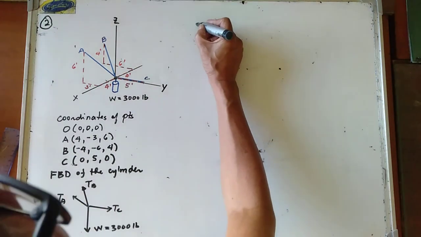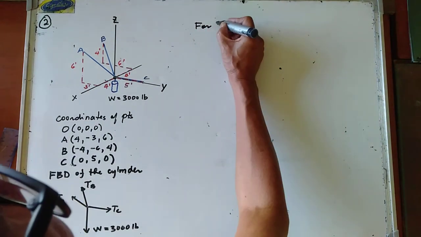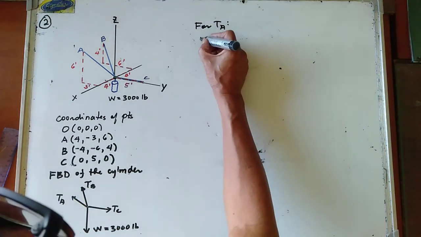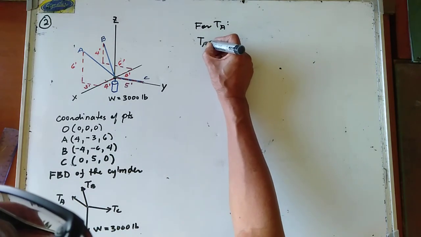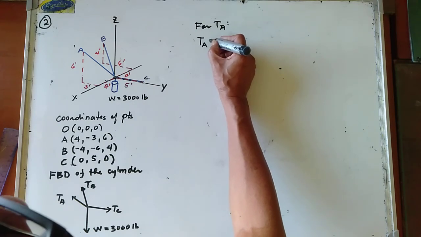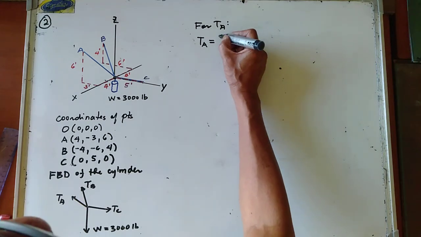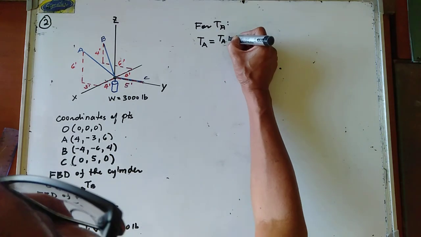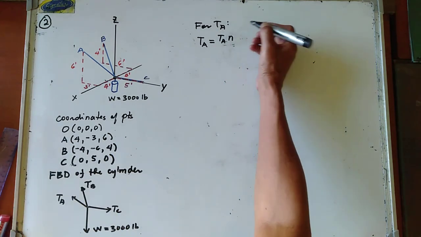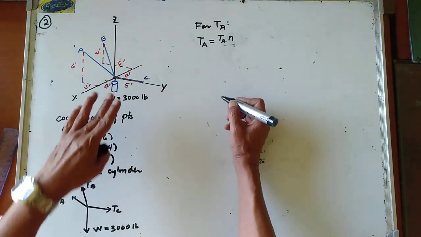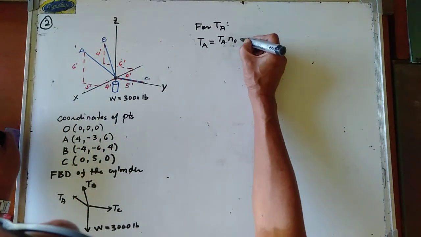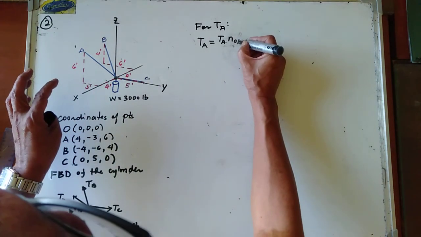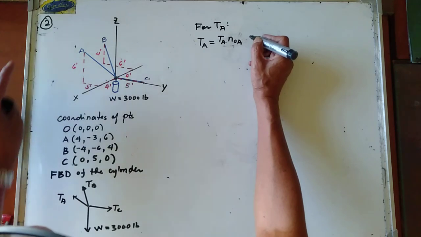So first for TA. In Cartesian vector form, TA is equal to the magnitude of TA multiplied by a unit vector in the direction OA.